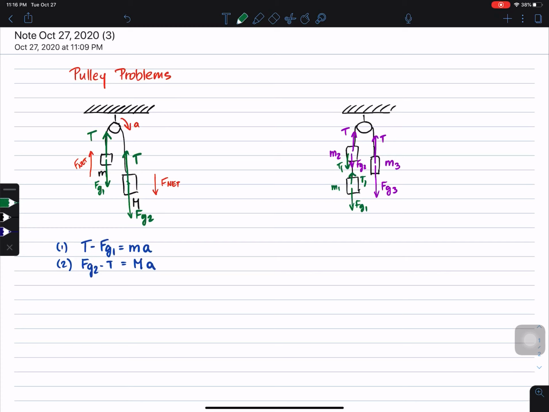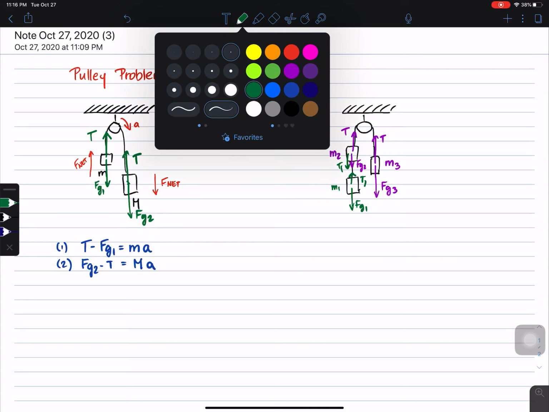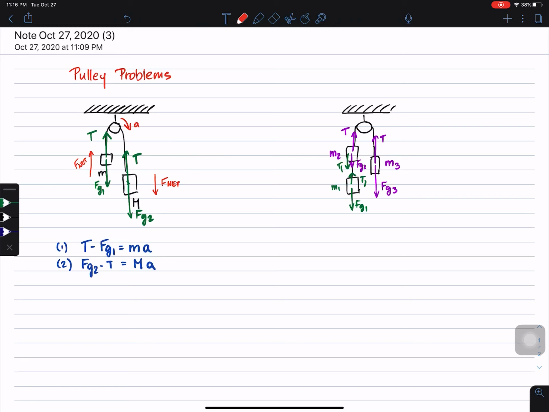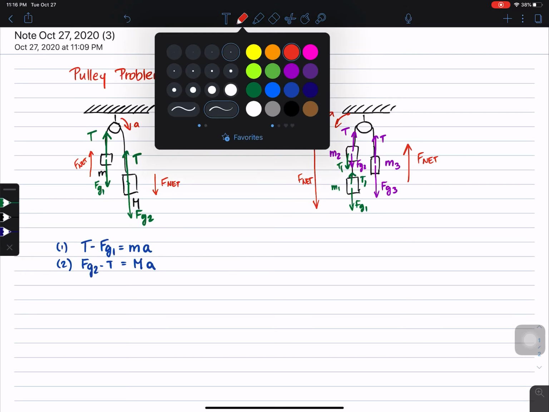So what am I going to do next? I'm going to set up my acceleration. I think it's going to move this way. That means these two are moving down. This one is moving up. So let's set up an equation for each object.